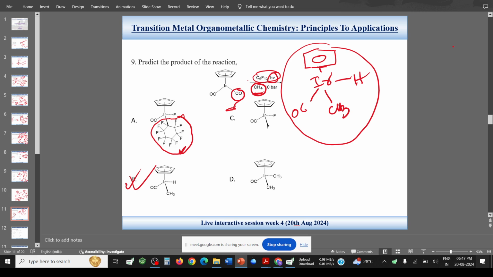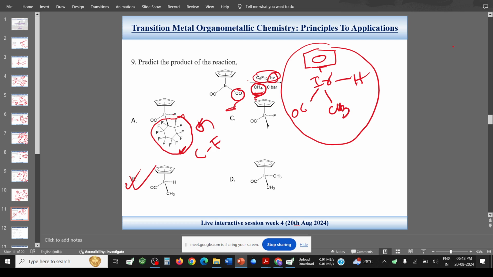You need to force it to activate, rather than the CH bond, because the bond energy of CF is more than the carbon-hydrogen. So this is the CF activation for these complexes. CF activation is difficult to happen.